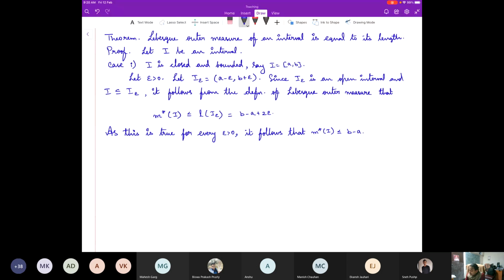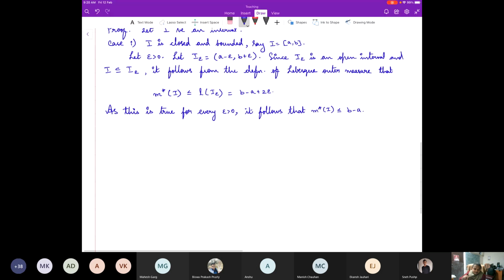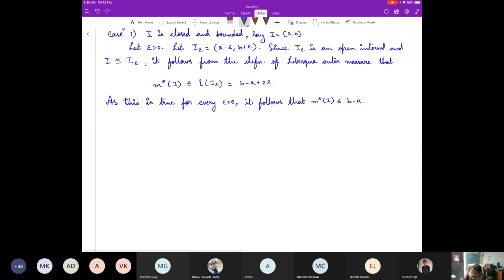So now we will have to show that m star of I is greater than or equal to b minus a. So we now prove the other way inequality, that is, m star of I is bigger than or equal to b minus a.